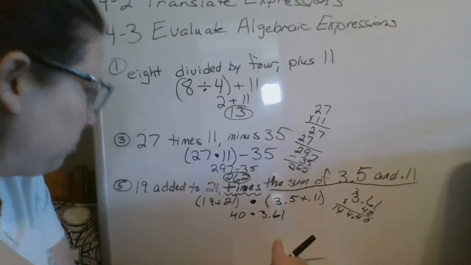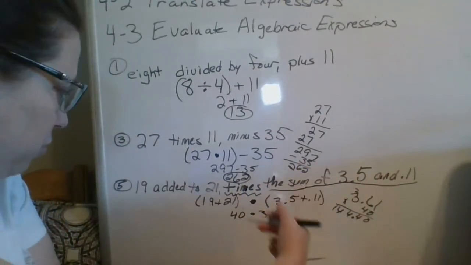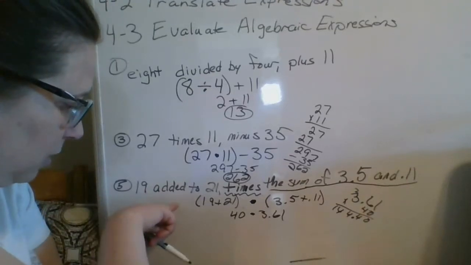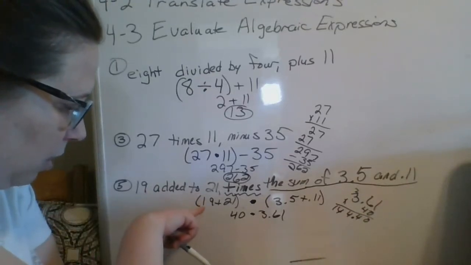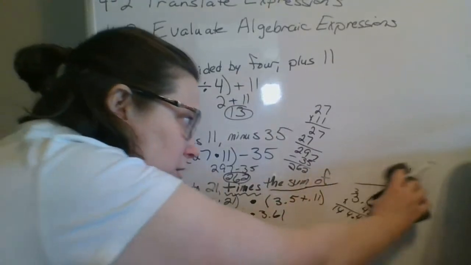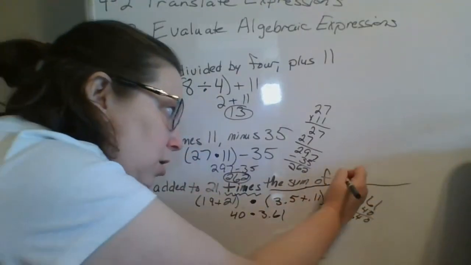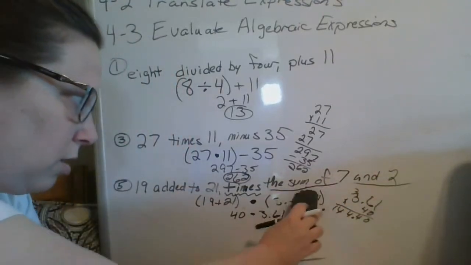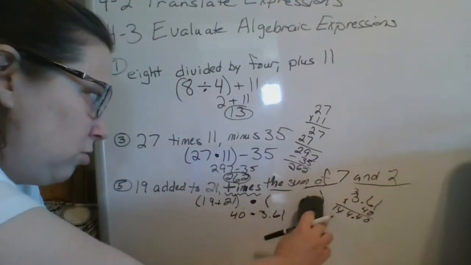Unfortunately, I skipped problems and combined 2 in the book. So number 5 was actually 19 added to 21 times the sum of 7 and 2. So much easier than this. So we'll change that out, and then this becomes 7 and 2.